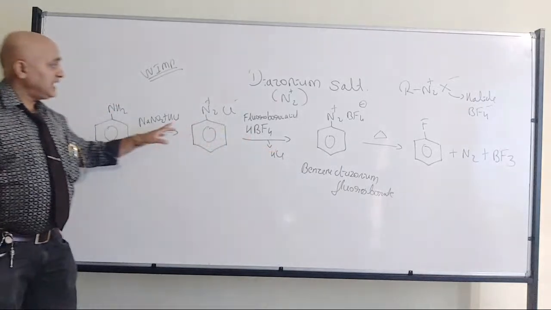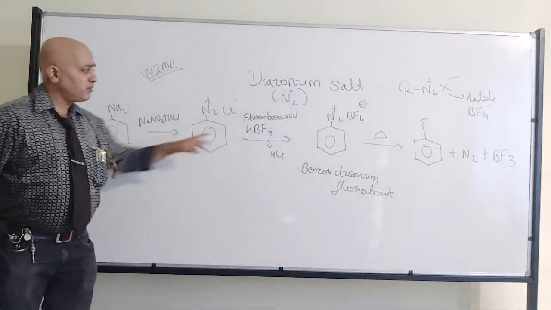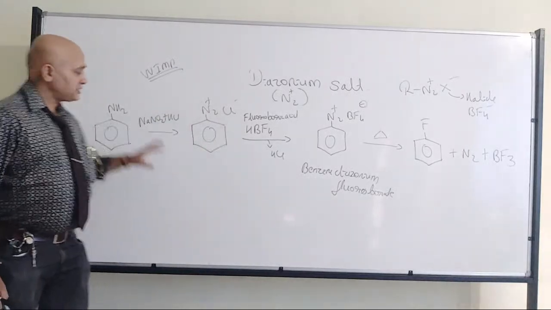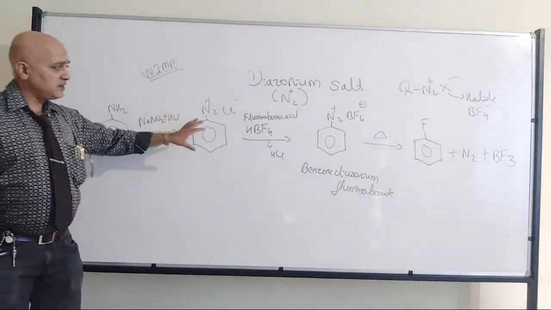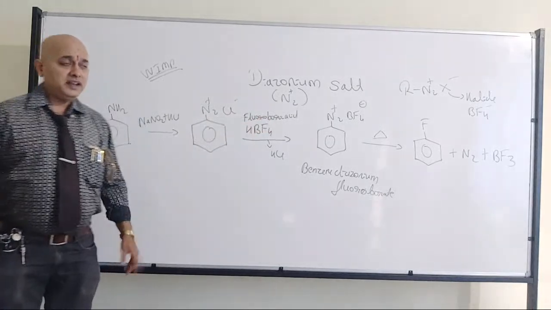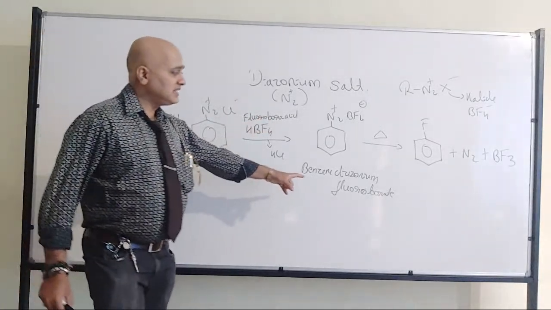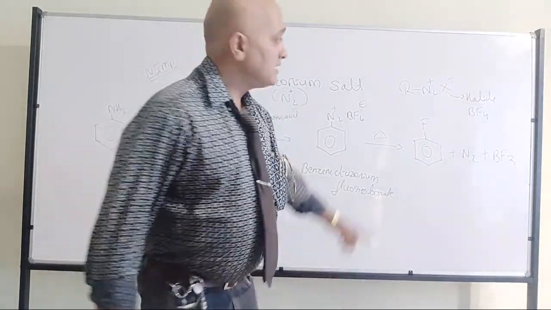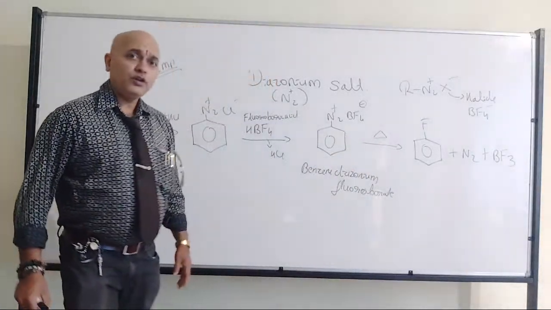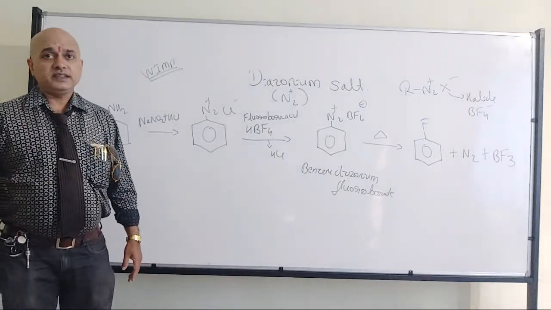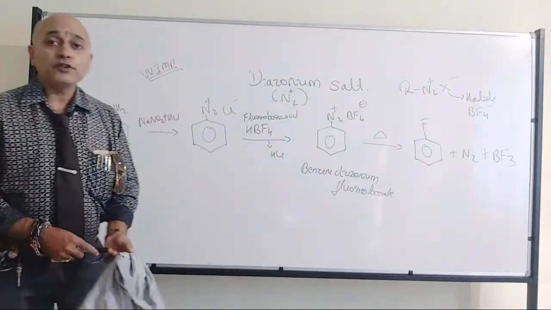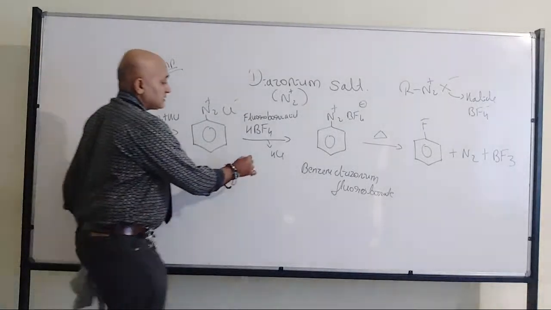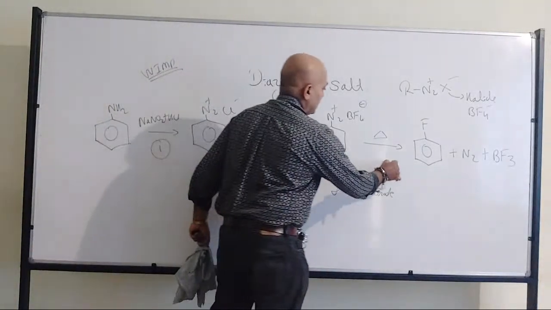Fine. So NaNO2, HCl and HBF4 together we can have, or we can split the reaction. So first this one, then this one. Fine. So that's where we have the benzene diazonium fluoroborate, which later gets converted into fluorobenzene. That means when I am talking about fluorobenzene preparation, we have one step, second step and third step.